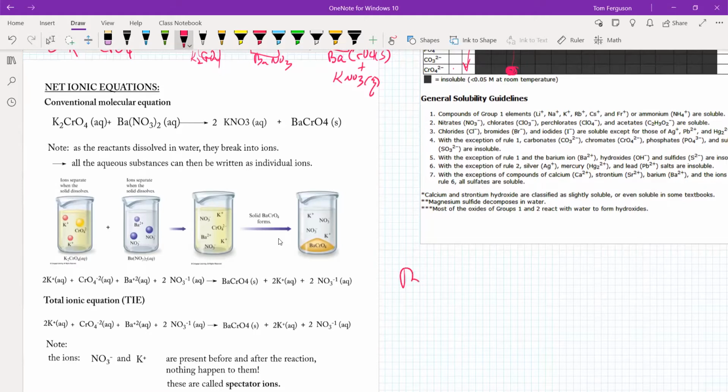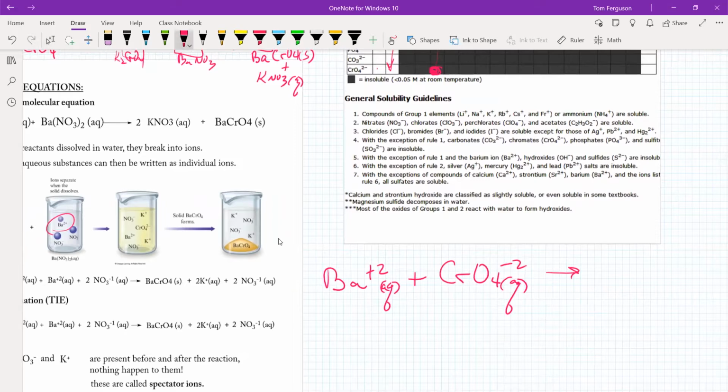We have barium plus chromate, and these are aqueous to start with. Okay, they're in solution. When we mix them together, we end up with the solid.